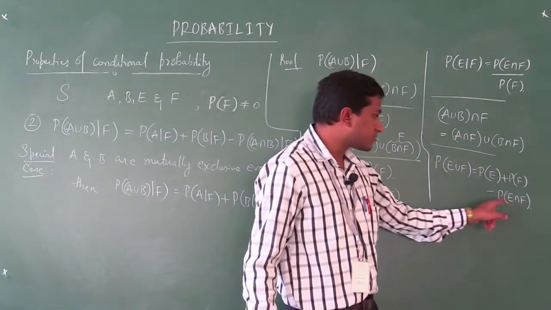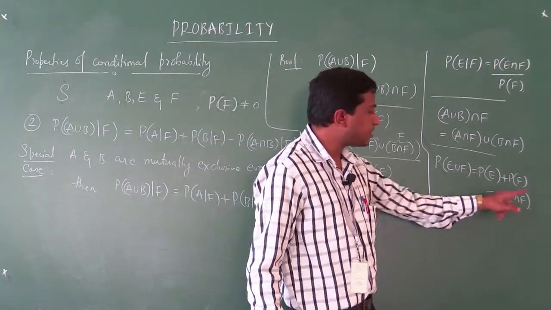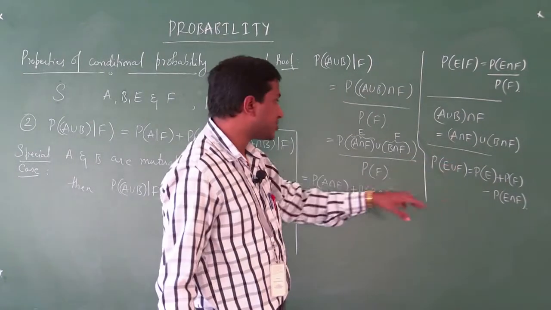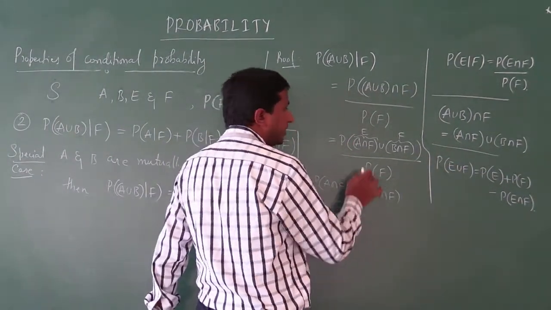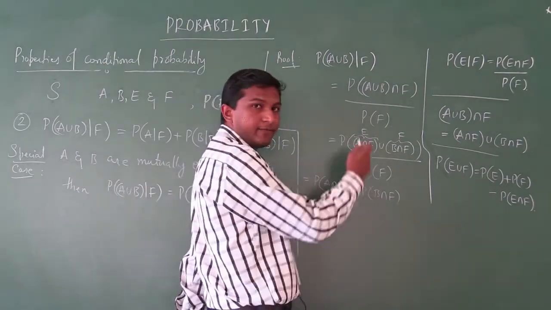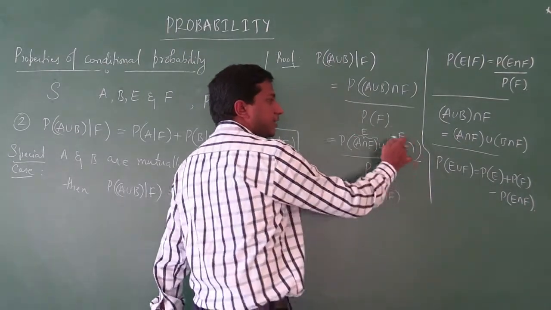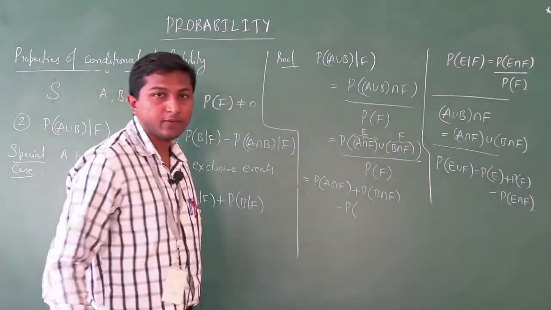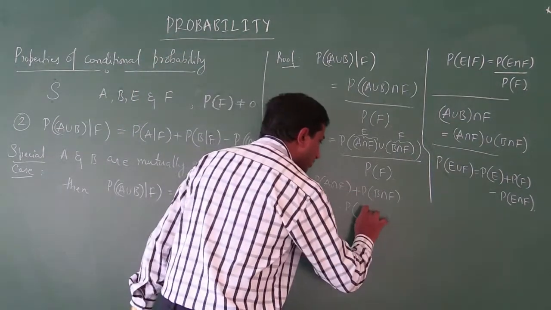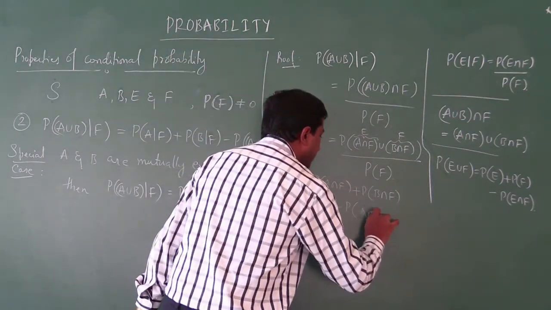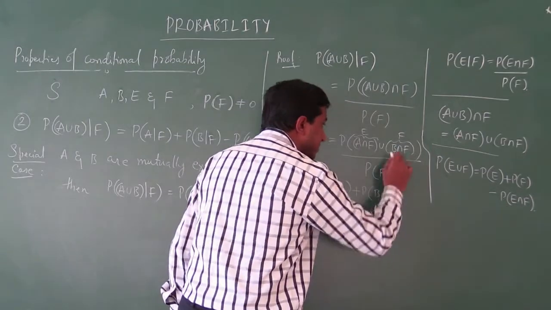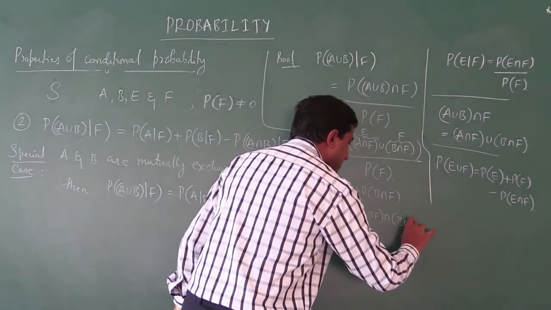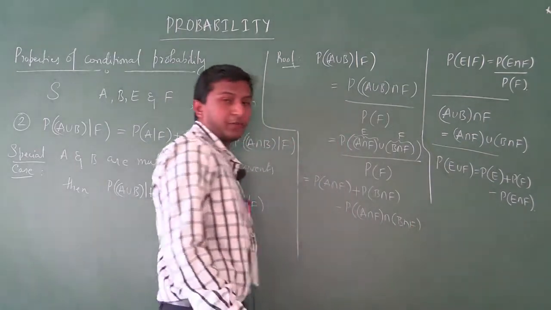What is the last term? Minus P of E intersection F. In the place of E I have A intersection F, and in the place of F we have B intersection F. So what will that become? P of (A intersection F) intersection (B intersection F).